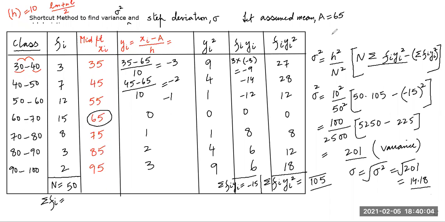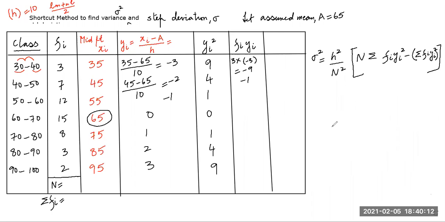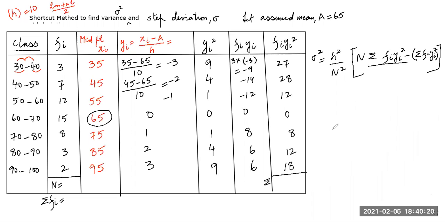Students, normally in these sums, you might be asked to find the mean also. So if they ask you to find the mean by this shortcut method only, you will adopt the method of step deviation.